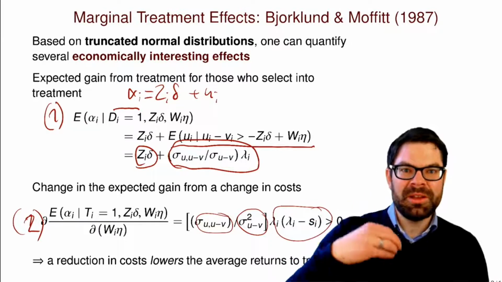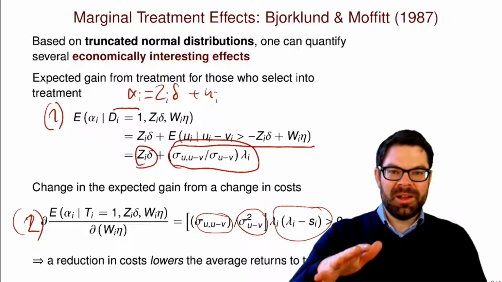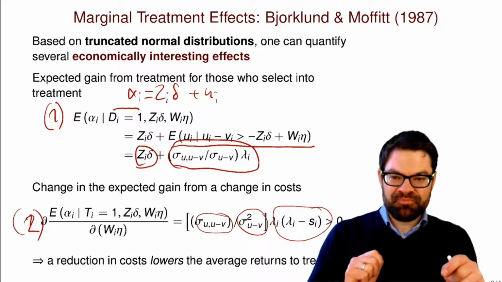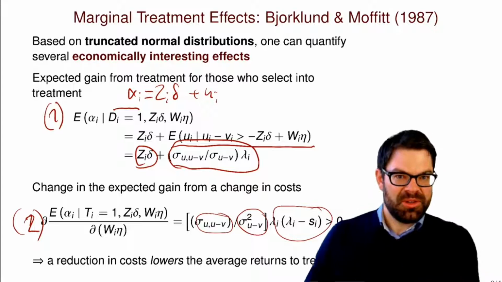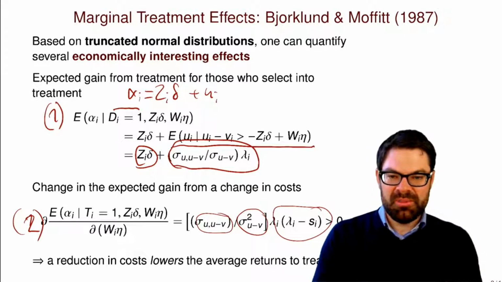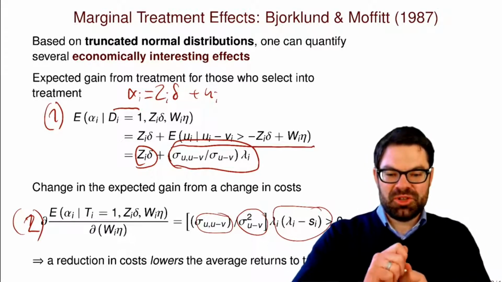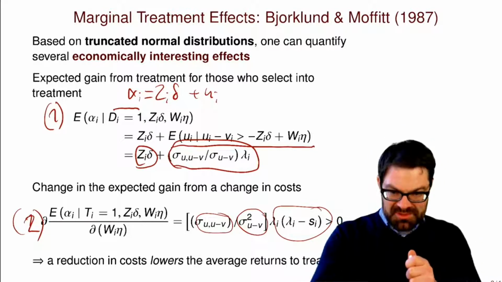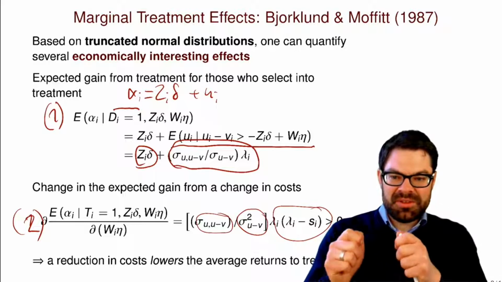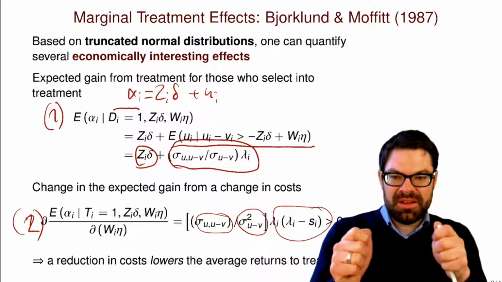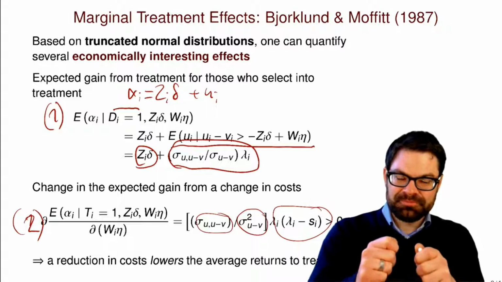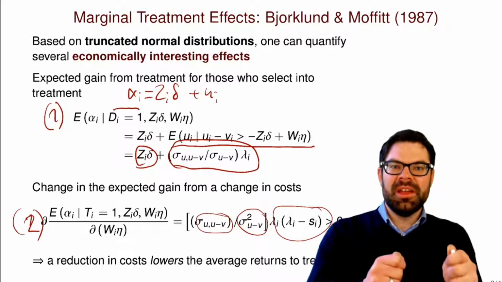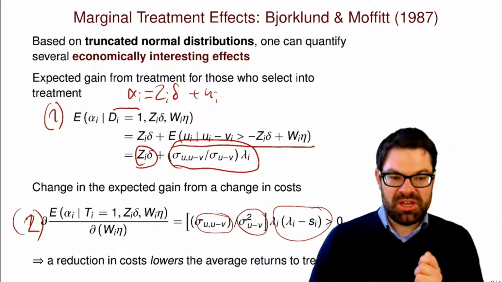But what we do want to know is, in the entire distribution of the gains from treatment, for some people it's very beneficial, for others less so, and a lot of people are in the middle. If we change the policy by, for example, changing the costs of getting the treatment, how does that average change? And who are the additional people that we shift into the treatment by changing that cost?